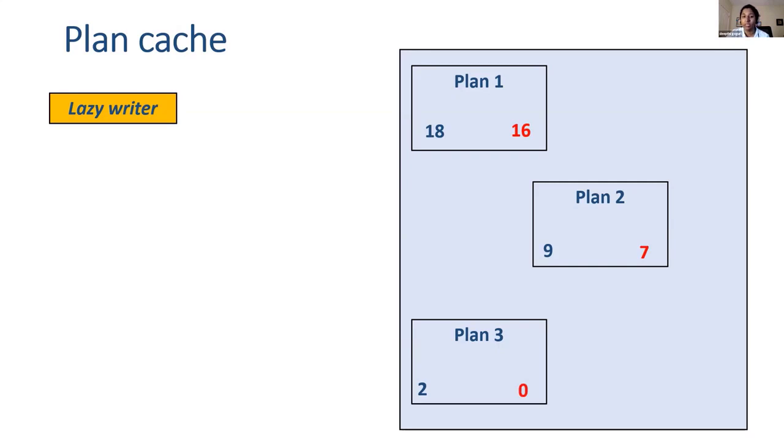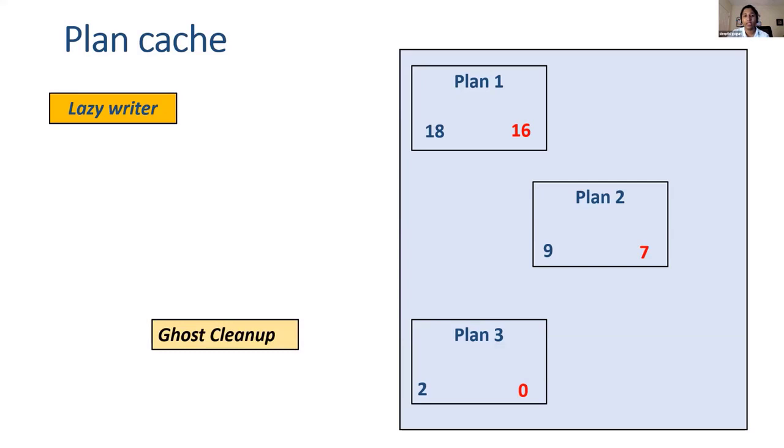Now, did you observe that the countdown value for plan 3 has changed to 0? So what should happen? Now SQL Server should go ahead and discard plan 3 out of the cache, right? But that's not going to happen in SQL Server. There is a process called ghost cleanup, which kicks in every few seconds.